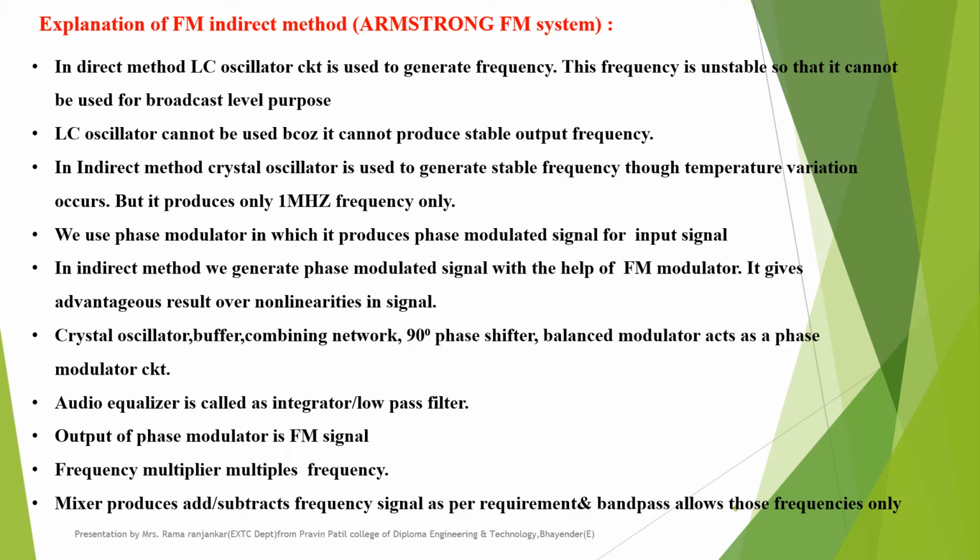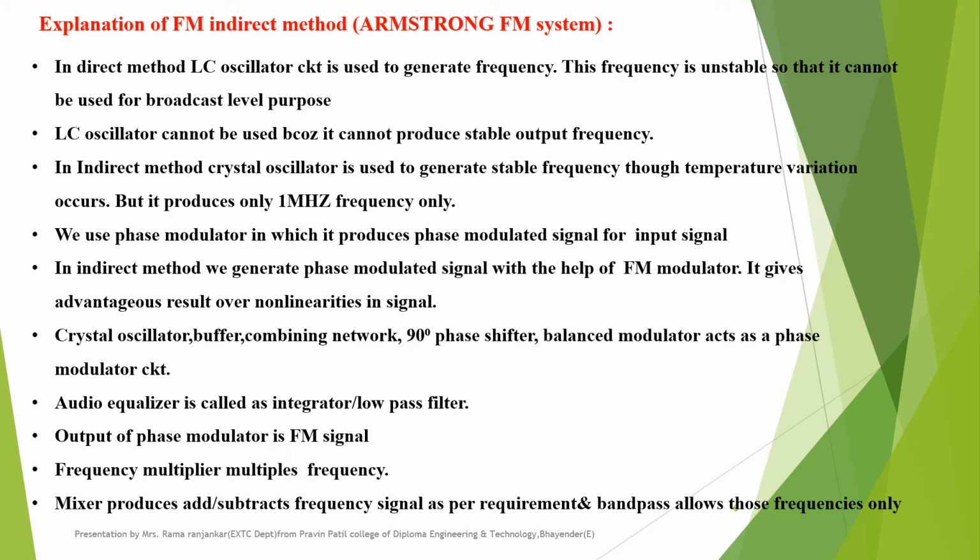We use a phase modulator circuit in the indirect method, which produces a phase modulated signal for the input signal. In the indirect method, we generate the phase modulated signal with the help of an FM modulator. It gives an advantageous result over non-linearities in the signal.